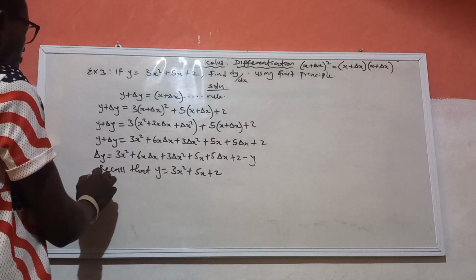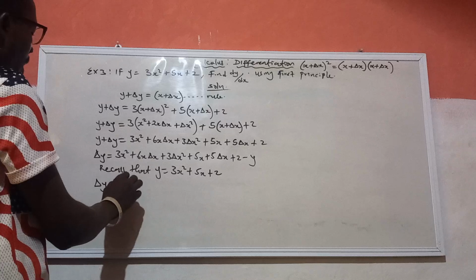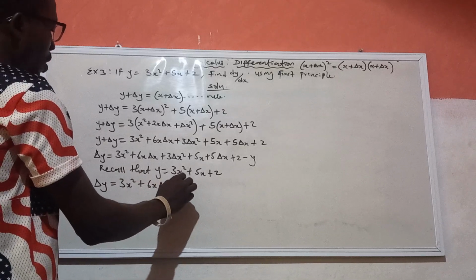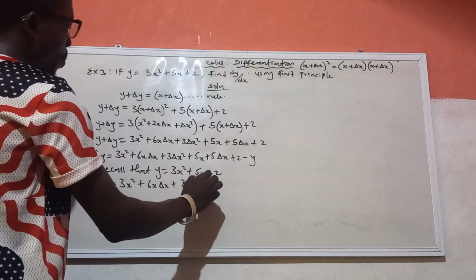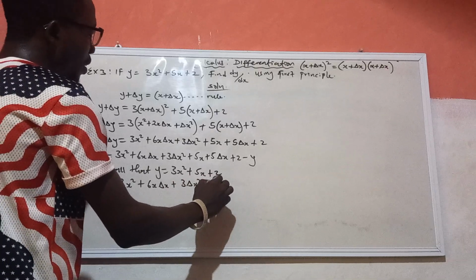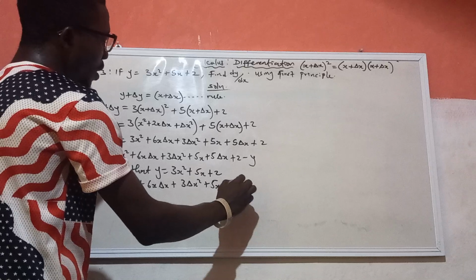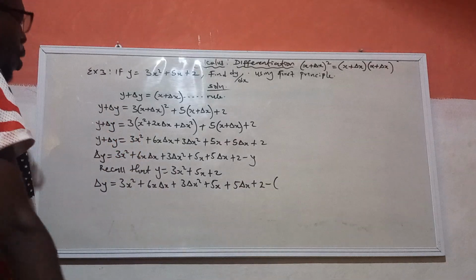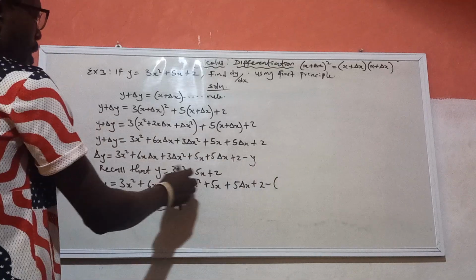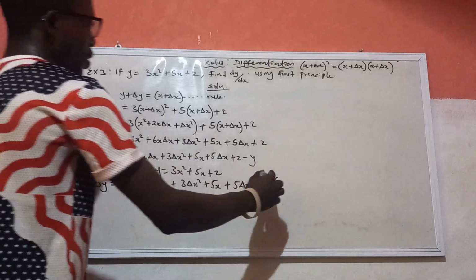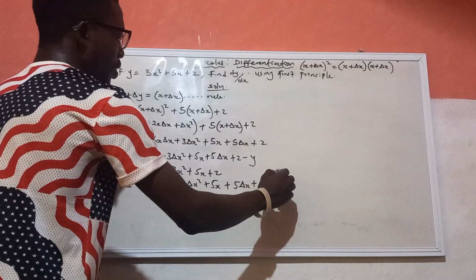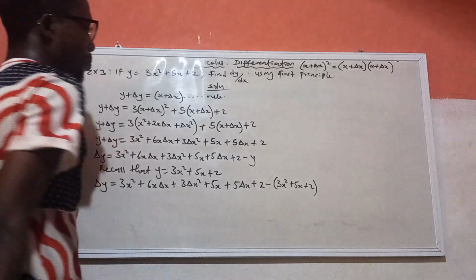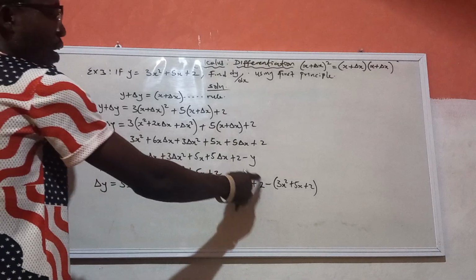So I will now have change in y equals 3x squared plus 6x change in x plus 3 change in x squared plus 5x plus 5 change in x plus 2 minus open bracket. Why am I opening bracket? Because I want to remove this y and put this one there, 3x squared plus 5x plus 2. Can you see? I removed the y and replaced it.